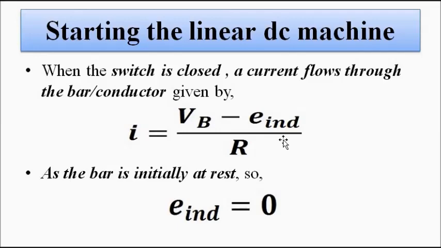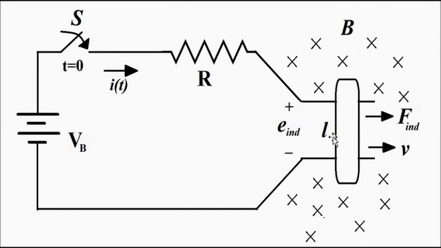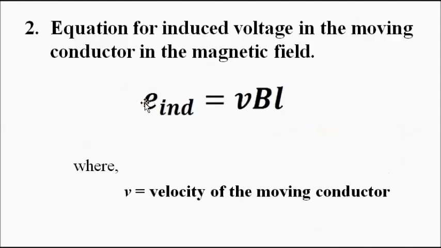Now at the start, at time t equals to 0, this conductor is at rest, no movement, no motion. So as there is no motion, velocity is 0, so the induced voltage will be 0, because initially the conductor is at rest.